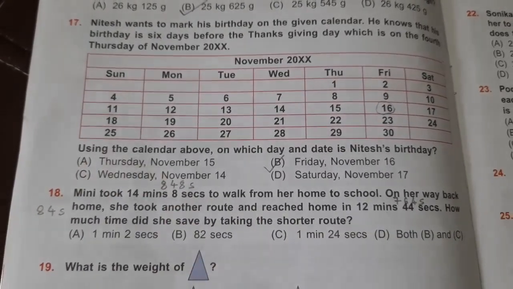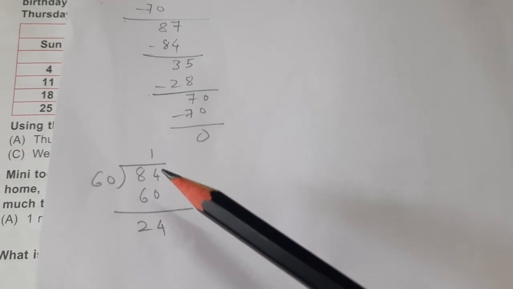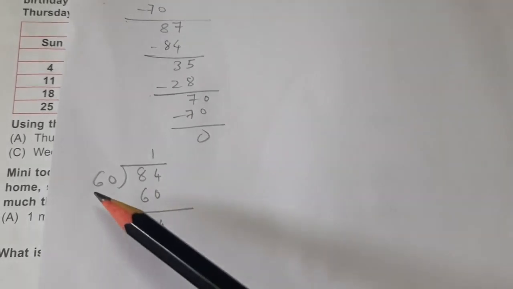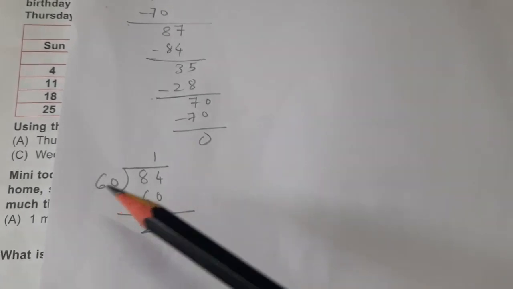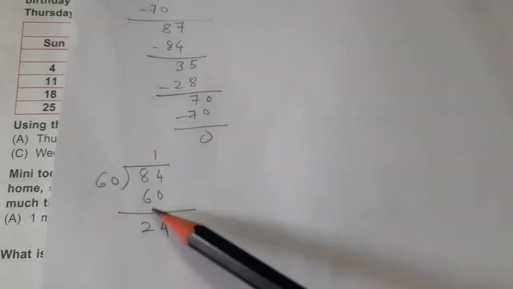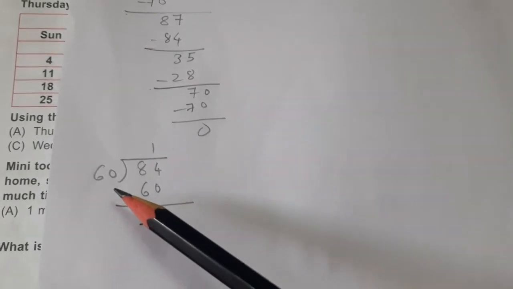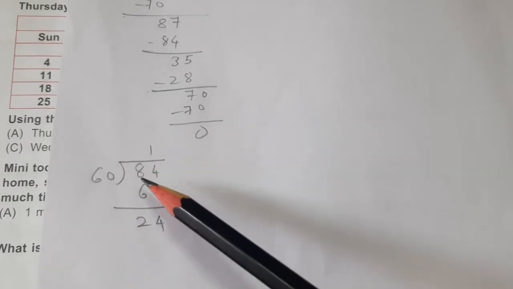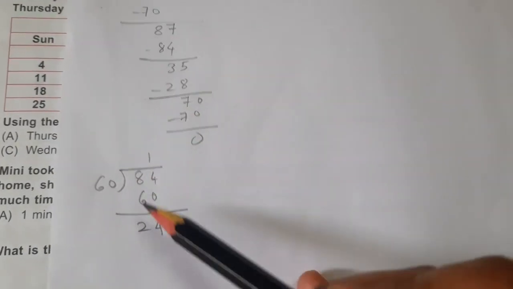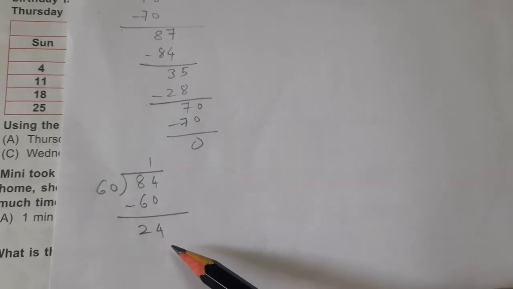So let us convert that. In order to convert this into minutes and seconds, you should divide 84 by 60, right? Because 1 minute is 60 seconds. So if you have to change seconds into minutes, you have to divide by 60. So 84 divided by 60, I get quotient as 1 and remainder as 24.